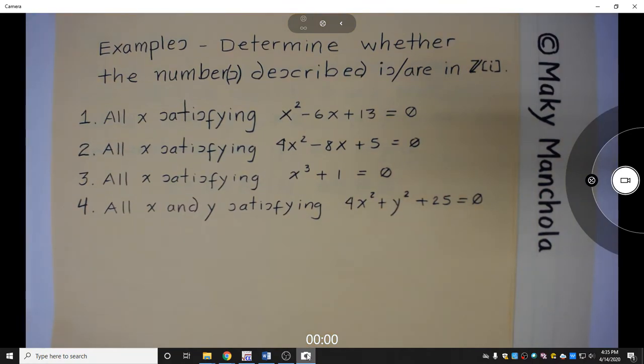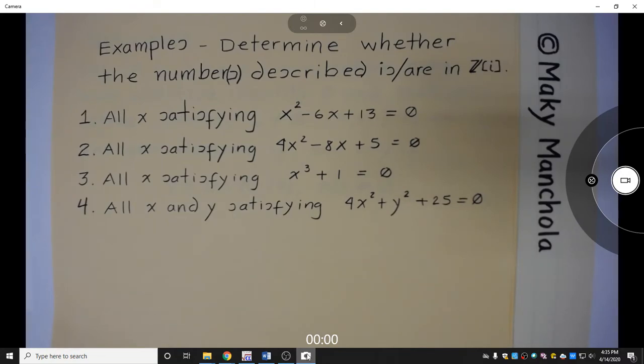Examples. Determine whether the number or numbers described are in the set of Gaussian integers. Number 1, all x satisfying x squared minus 6x plus 13 equals 0.